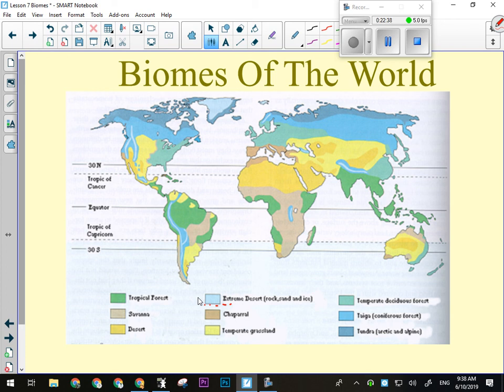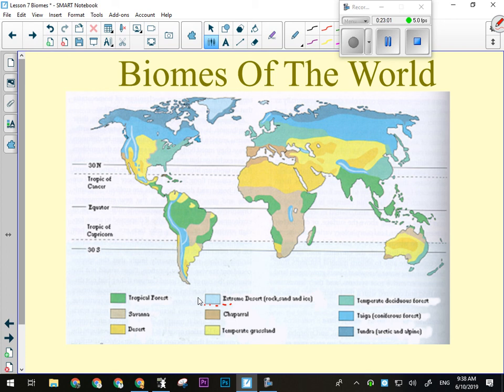It gets less precipitation than any other continent. It's so cold that any precipitation that falls there stays there, so it's been building up and building up, but it is the driest continent in terms of rainfall. So those are going to be our extreme deserts, simply because there's no liquid water, or very little liquid water available in those places.